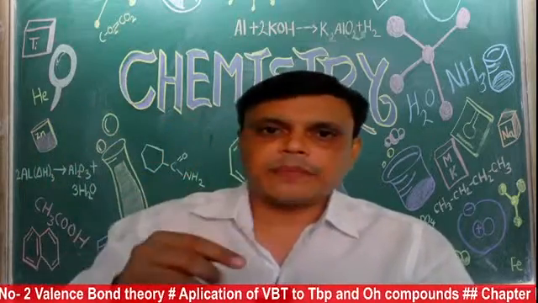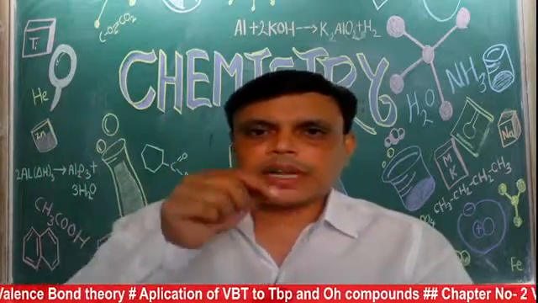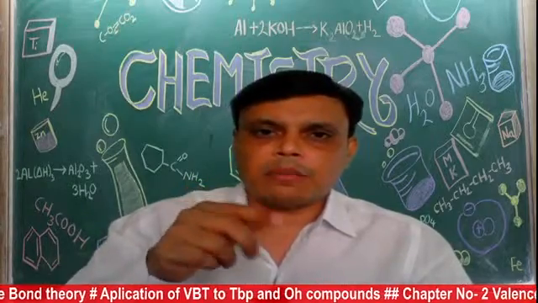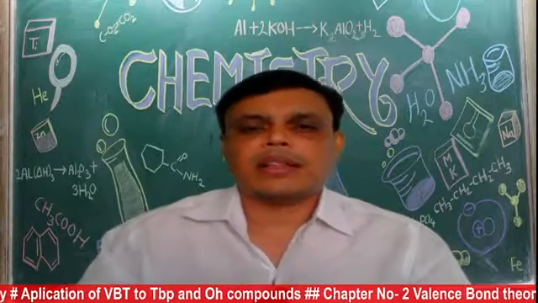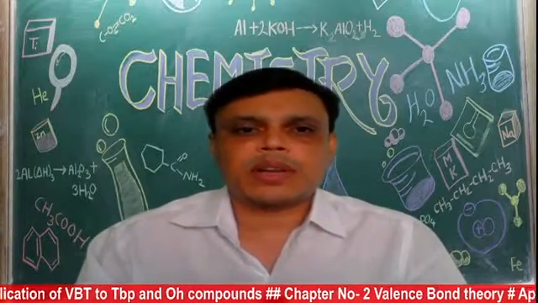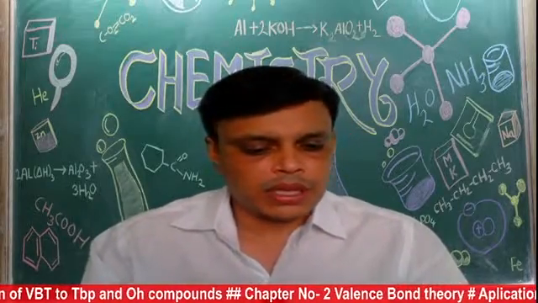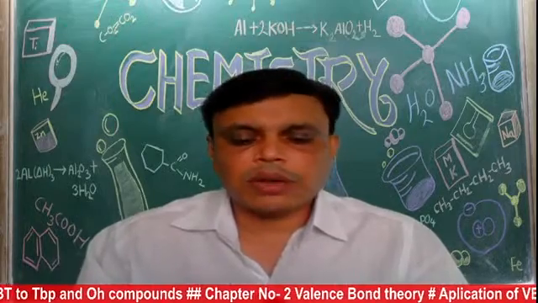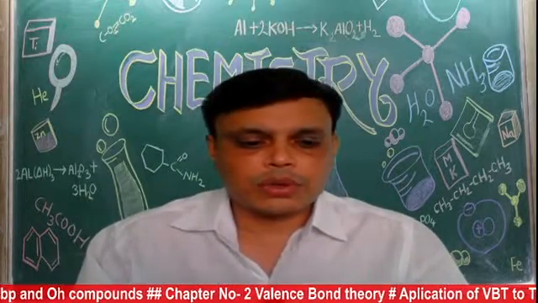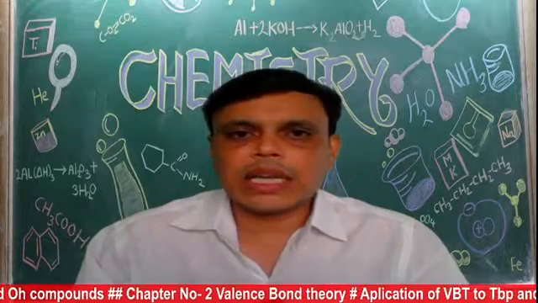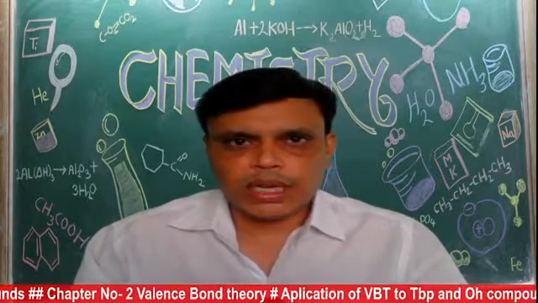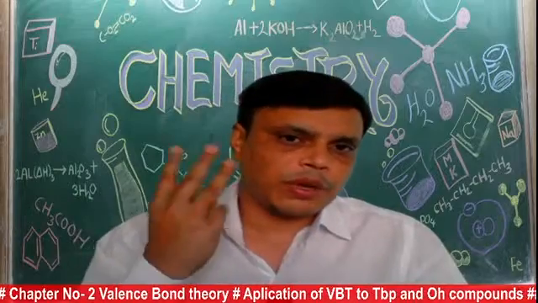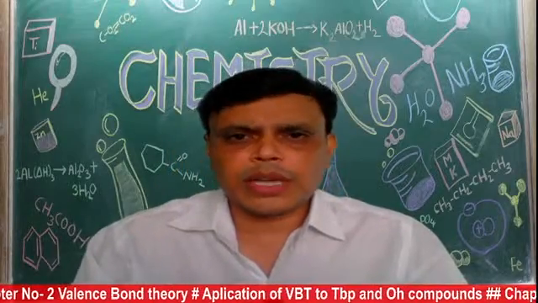Trigonal means a trigone is there, and at the center of that trigone the metal is present. Above the trigone one ligand is there and below another ligand is there, so that geometry is called TBP geometry, trigonal bipyramidal, and the hybridization shown by this geometry is dsp3. That means 1 d orbital, 1 s orbital and 3 p orbitals are involved in hybridization.